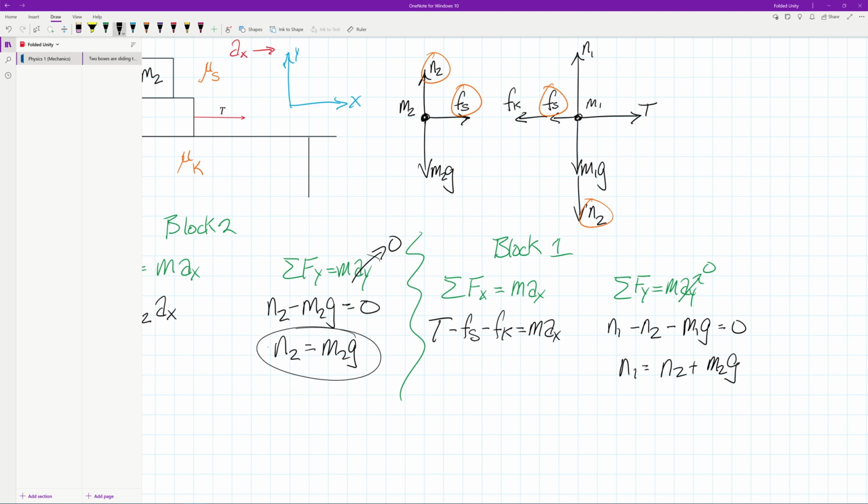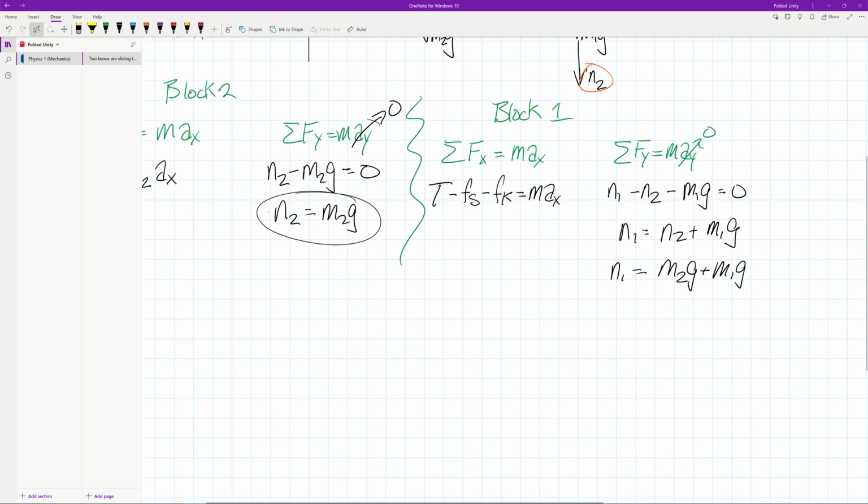It just equals m2g in this case. Sorry, I have an N2 there. That should be an m1. Okay, so that means N1 equals m2g plus m1g, which I can pull a factor of g out of and write more simply as (m1 plus m2) times g.